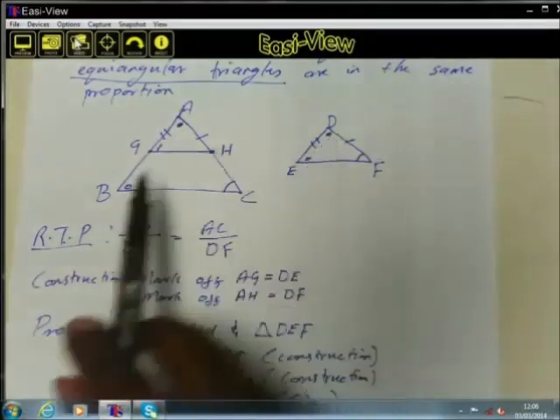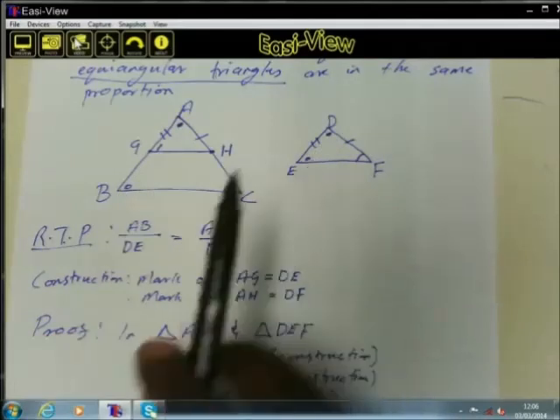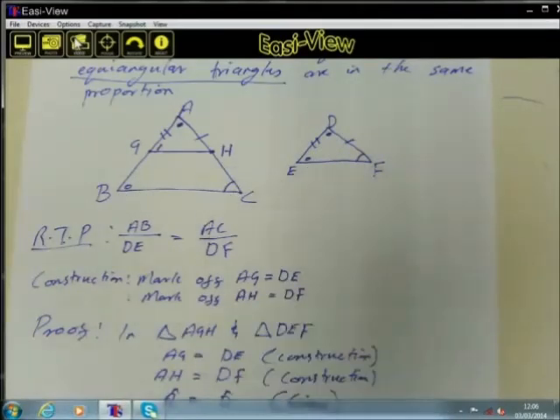Angle A is equal to angle D, B is equal to E, and C is equal to F. Hence, we have marked them similarly on the diagrams to show that they are equal. So, AG is equal to DE due to construction, AH equal to DF construction, then angle A is equal to angle D.